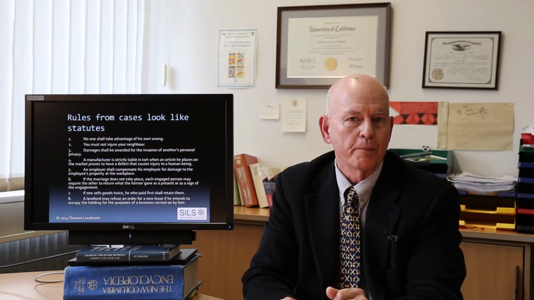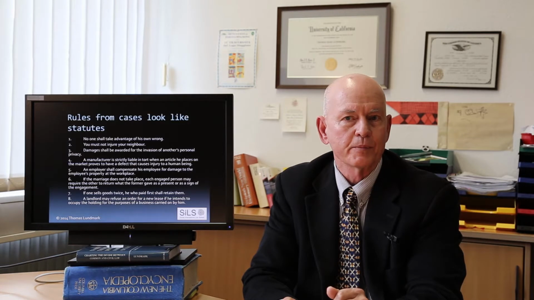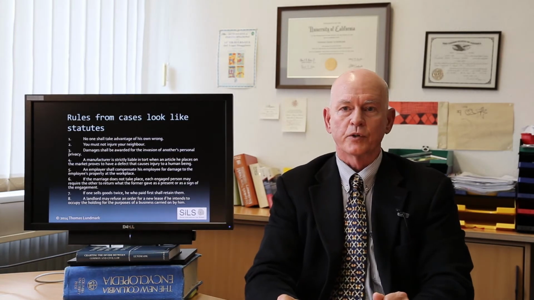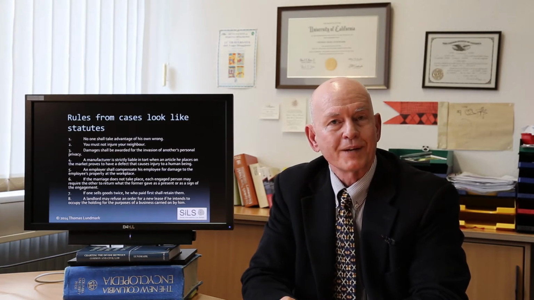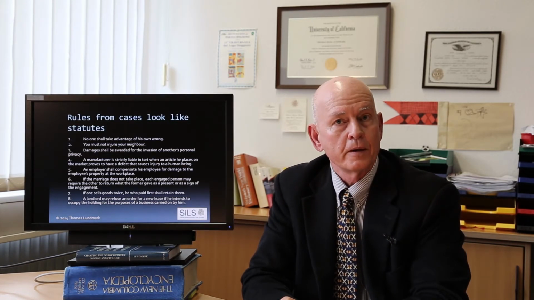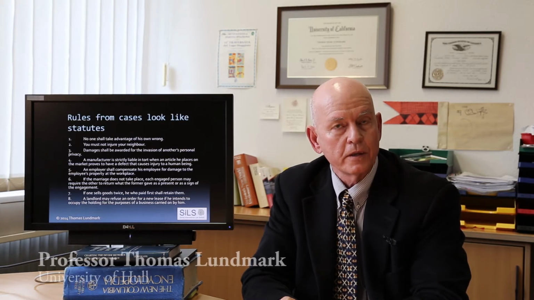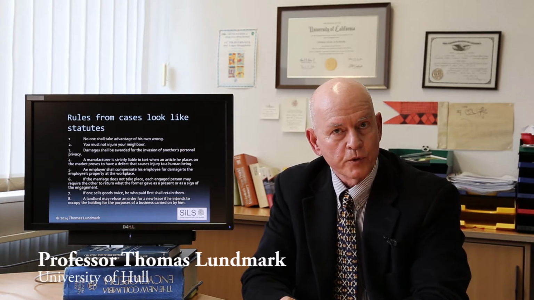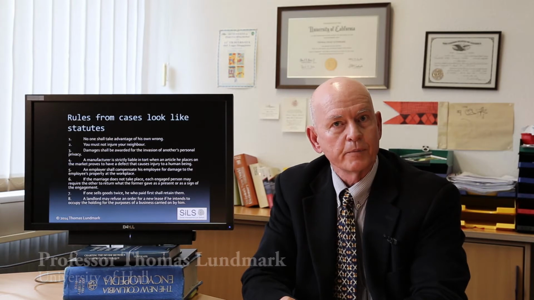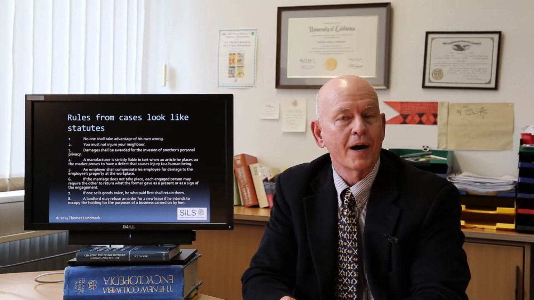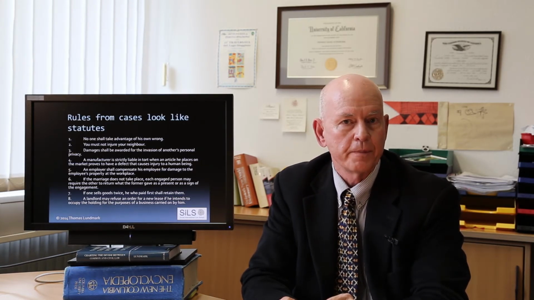Number 4: a manufacturer is strictly liable in tort when an article he places on the market proves to have a defect that causes injury to a human being. In fact, that rule is taken from case law in California. But inside the European Union, it is practically the same rule, but found in a directive, the European Product Liability Directive. In other words, the rule can be created by judges or by some legislative entity.